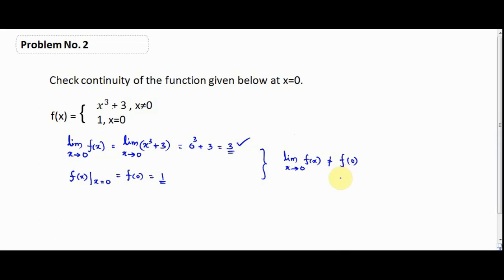So this implies that the function is discontinuous. The function f of x is not continuous at the point x equal to 0. So that's the result.